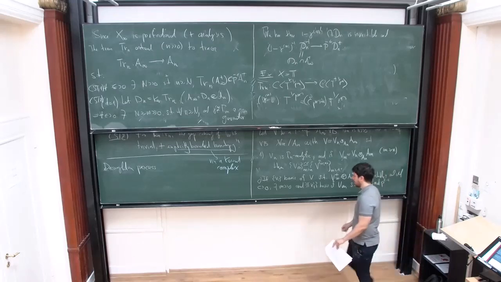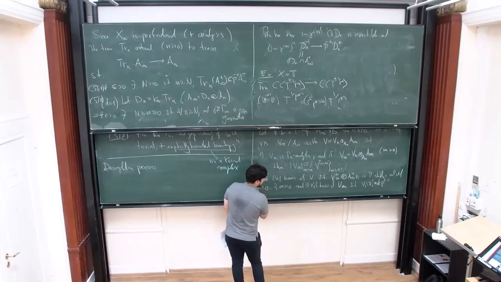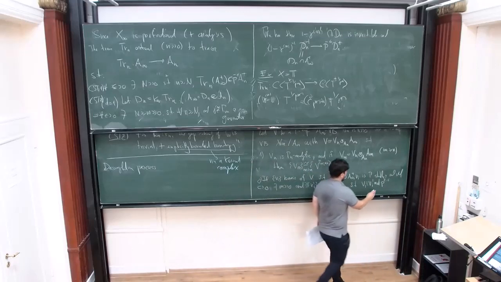Sorry. So for all C bigger than 0, no choice about K.